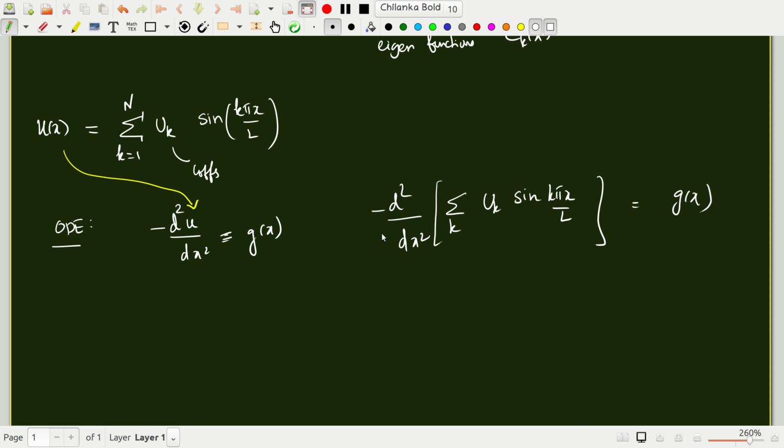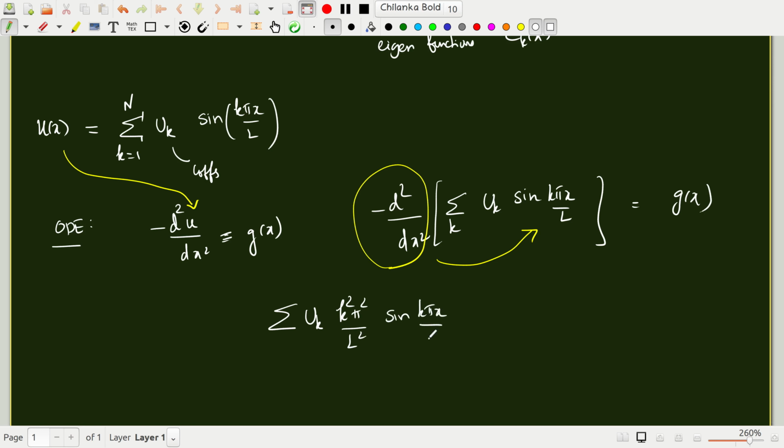This is a linear operator, so you can take it inside the sum. If I operate this on this, what I get is simply plus k squared pi squared upon L squared times sine k pi x upon L, equal to g of x.